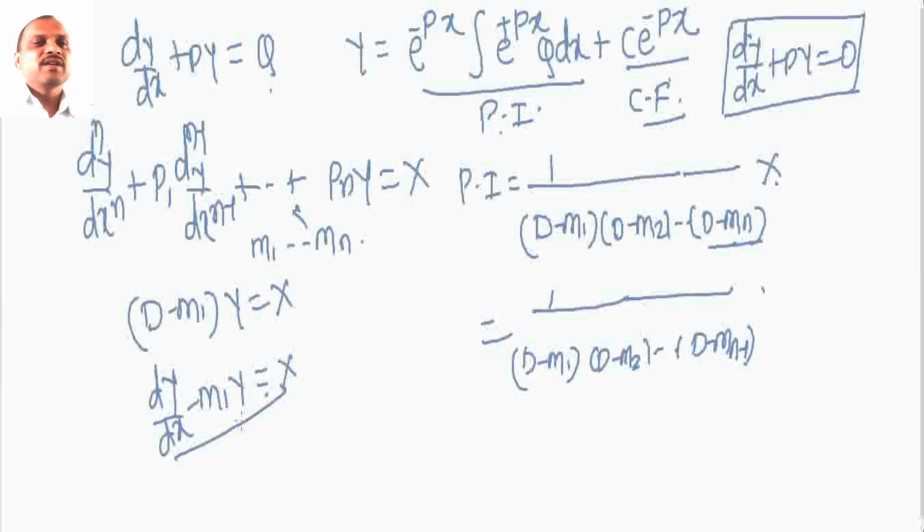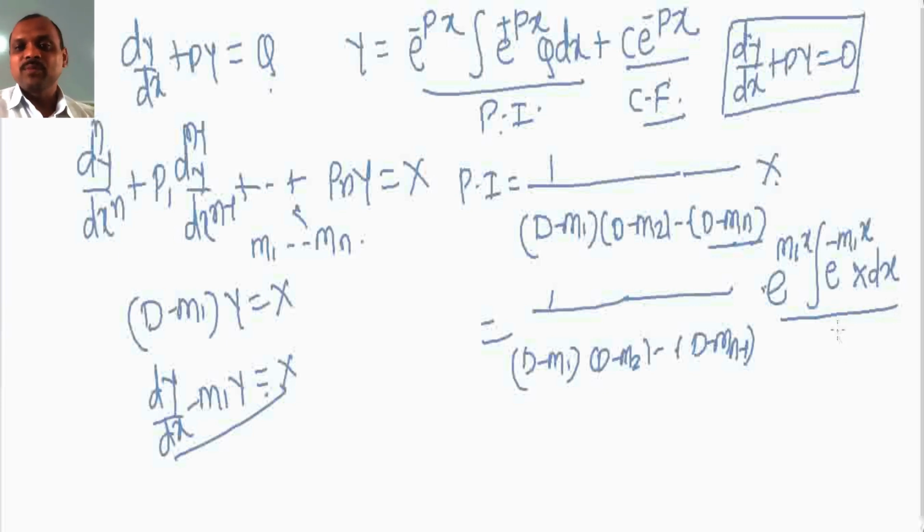Comparing with e raised to minus px, here p is minus m1, so we get e raised to plus m1 x, integration of e raised to minus m1 x into dx. So this is the particular integral whenever I operate the first operator, 1 divided by (D minus m1), on x.